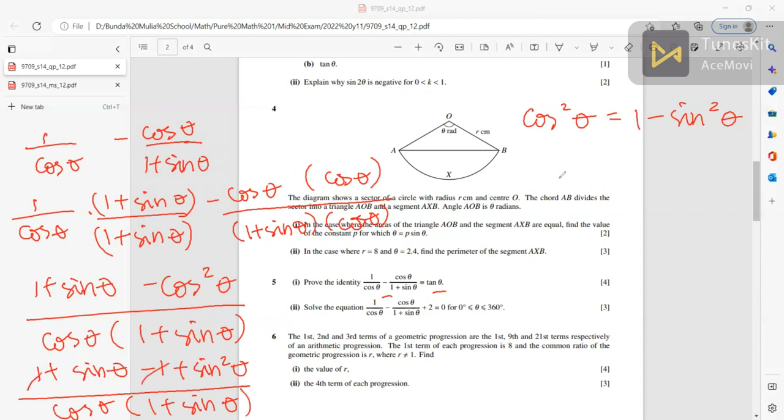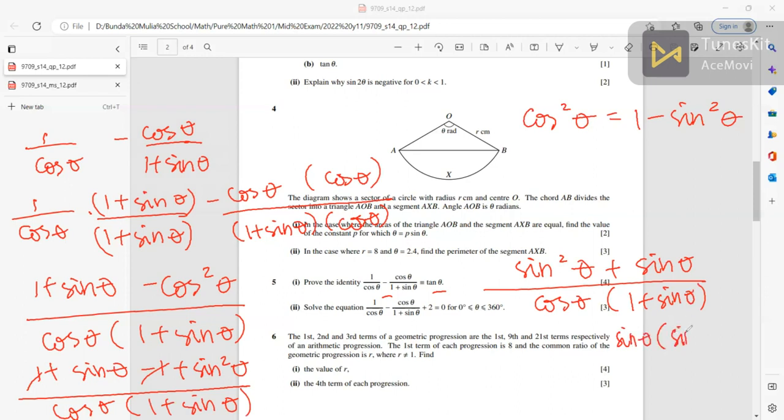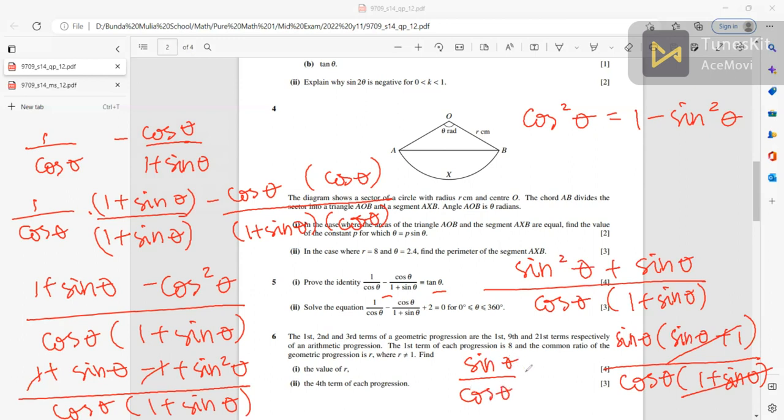So we have sine square theta plus sine theta over cos theta 1 plus sine theta. I factorize sine theta, become sine theta times 1 plus sine theta over cos theta 1 plus sine theta. For this one, we can cancel it. So we have remain sine theta over cos theta. And this one is tan theta. So it's proven.